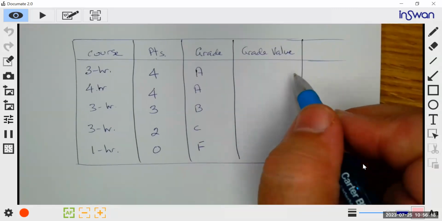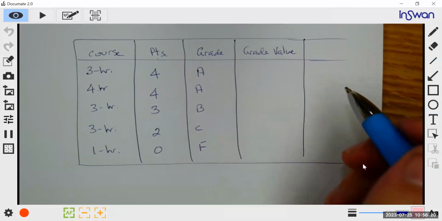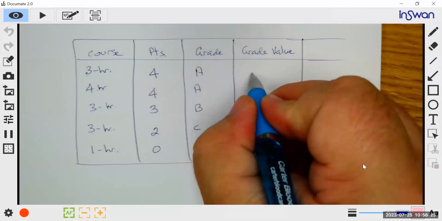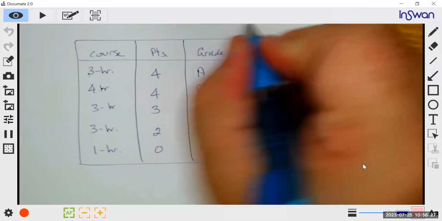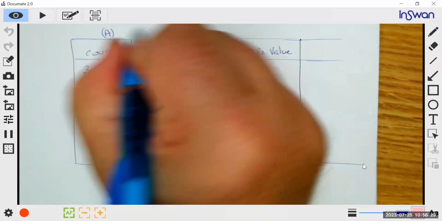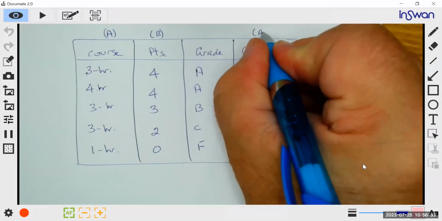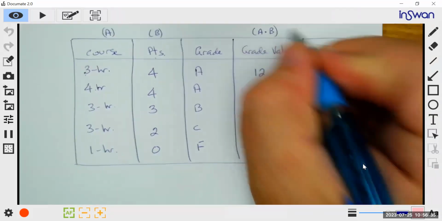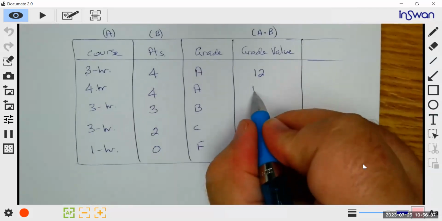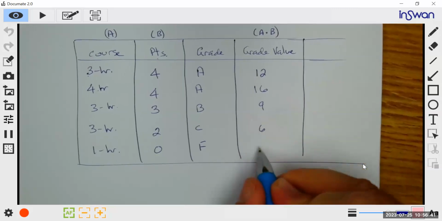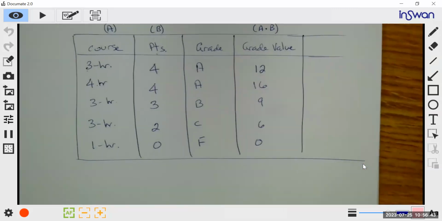So what two columns do we multiply to get the grade value? Credit hours times grade points. Four times four is 16, 3 times 3 is 9, 3 times 2 is 6, and 0.